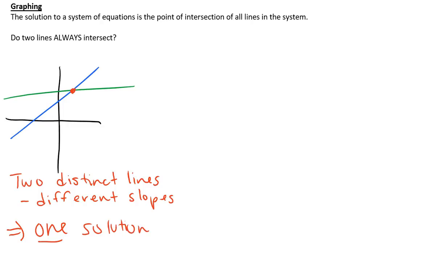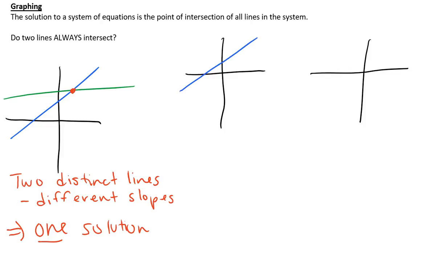If we have two lines that have the same slope, then a couple things can happen. We could have parallel lines. So they have the same slope, but they're never going to touch each other because they're parallel.